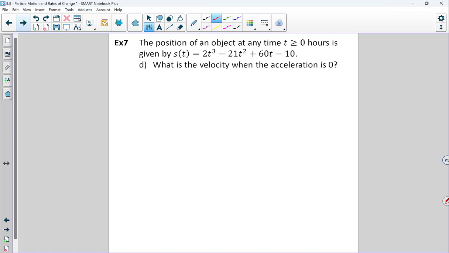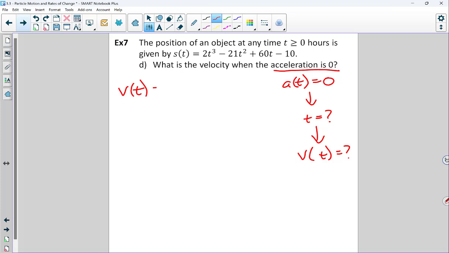All right, part D, what is the velocity when the acceleration is 0? So I need to figure out what time that is and then plug that in to the velocity function. So we know that our velocity function was 6t squared minus 42t plus 60.